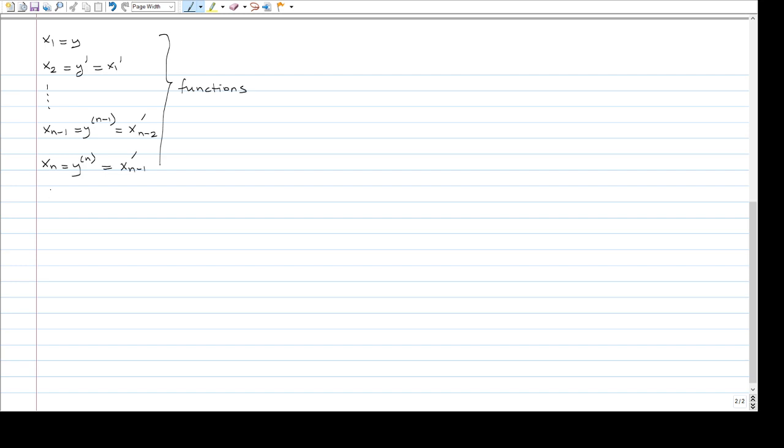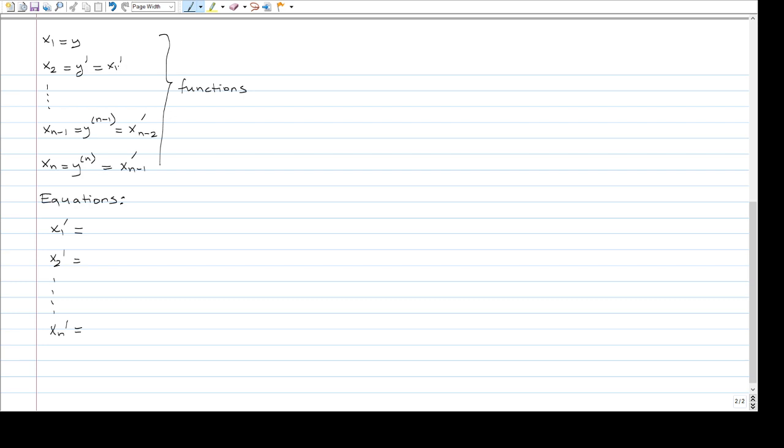Now, what about the equations? Differential equations, of course. Remember, in a system, we have equations of the form x1 prime equal to, x2 prime equal to, and so on, xn prime equal to. We have first order equations, so we take derivatives of our functions. But for the equations, we go back to the definition of the functions.